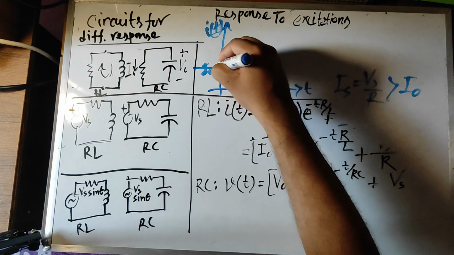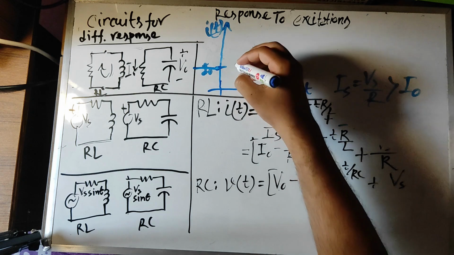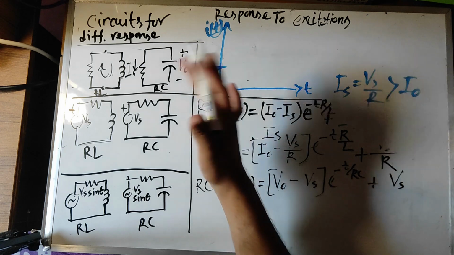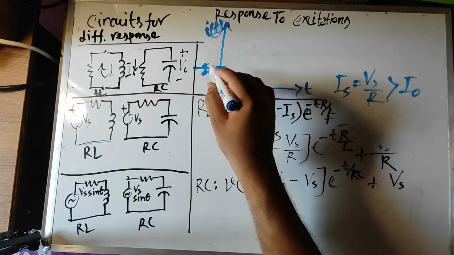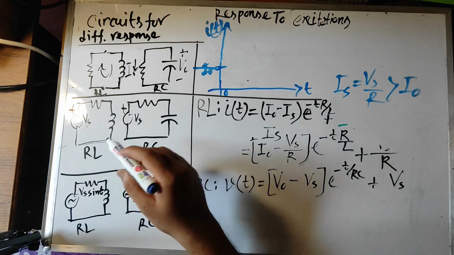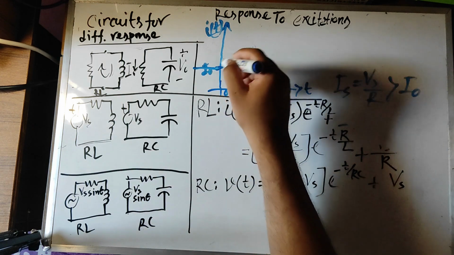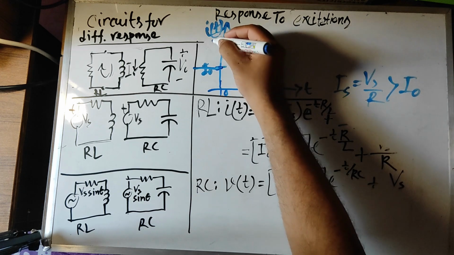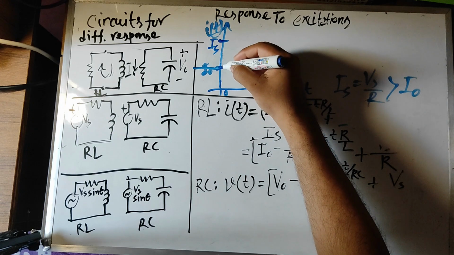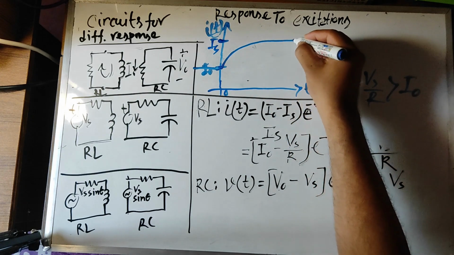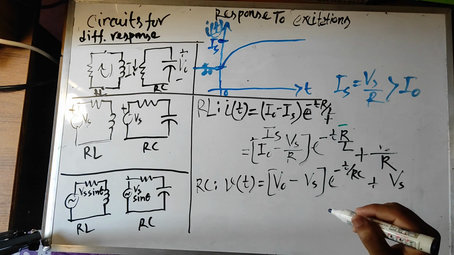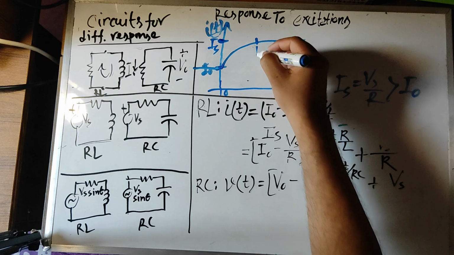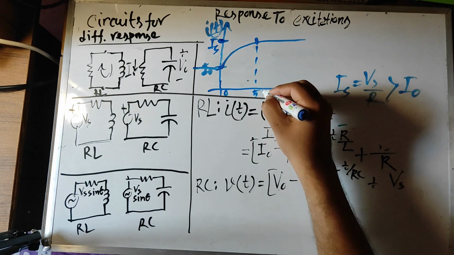So this is t equals 0. Before t equals 0, there was an initial DC current. So we are writing like this, and say this is is, so it will be like this. It will take some time, say this is 5 tau.